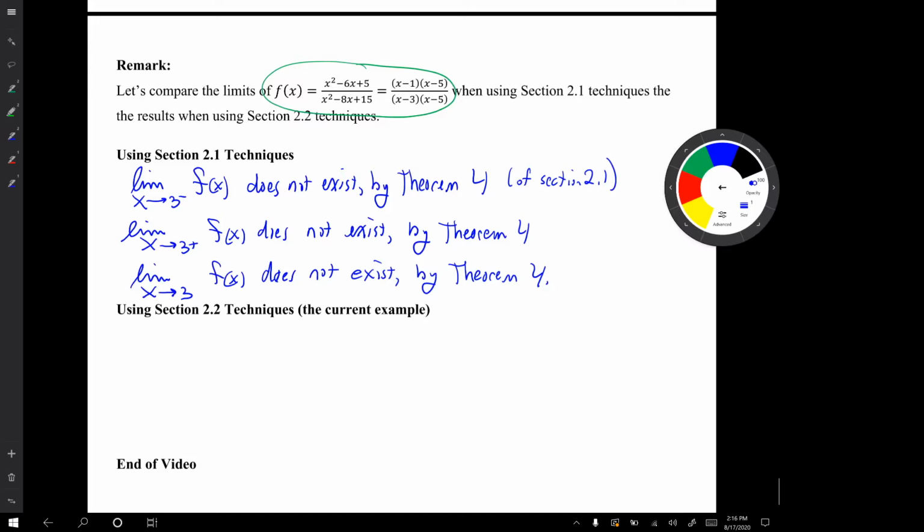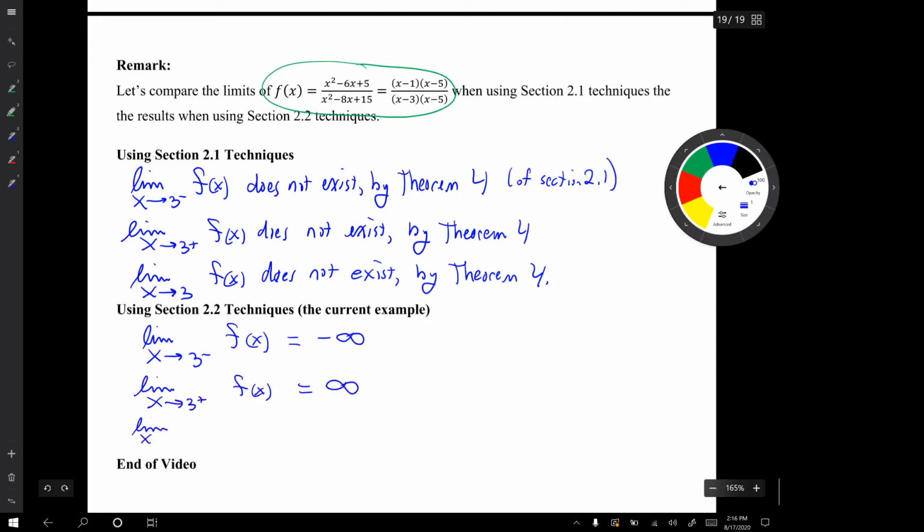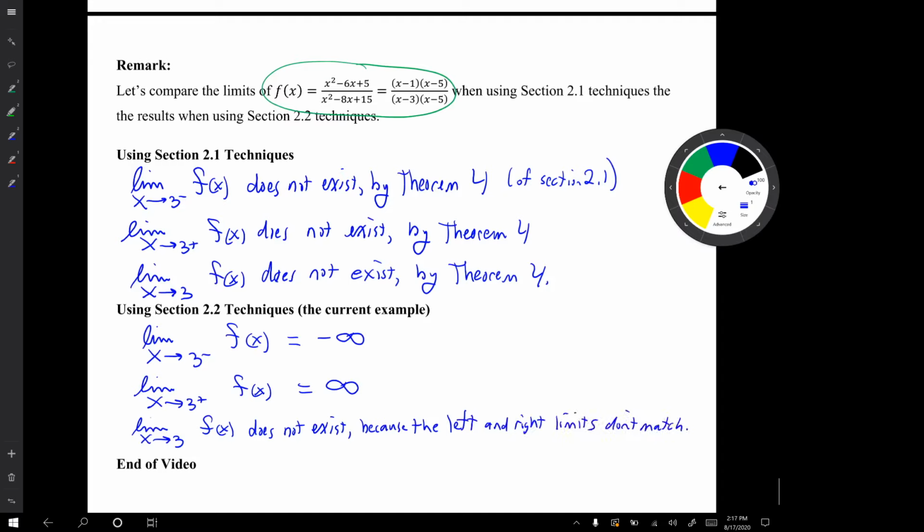Now, let's review our results from the example that we just did using section 2.2 techniques. We found the following. Using section 2.2 techniques, the limit from the left was negative infinity, the limit from the right was plus infinity, but the two-sided limit still does not exist.